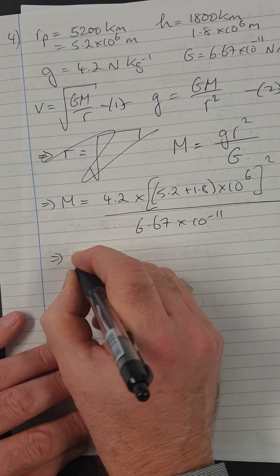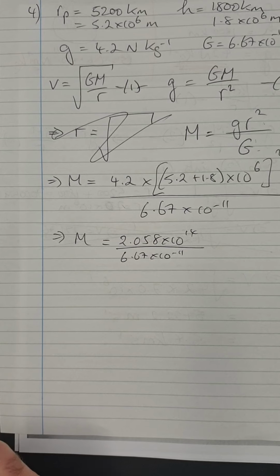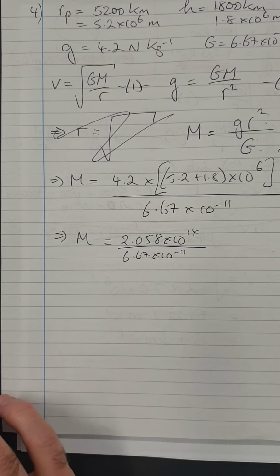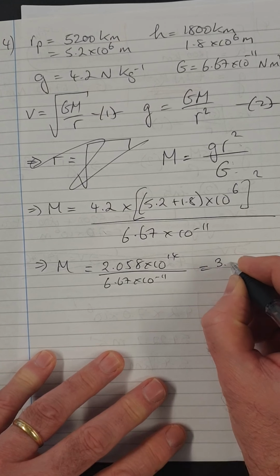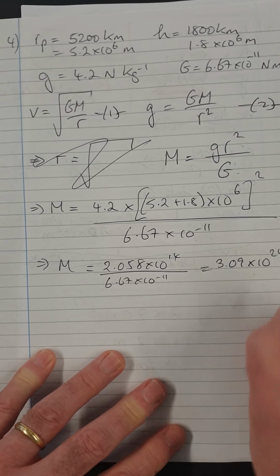So that gives me an answer of 3.09 times 10 to the 24 kilograms. Okay.